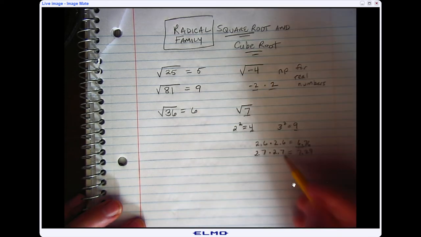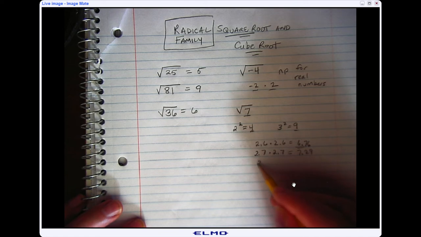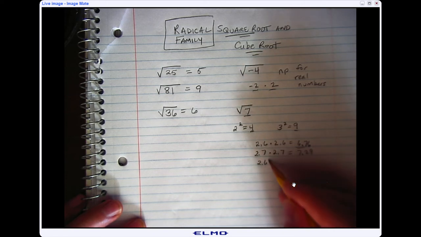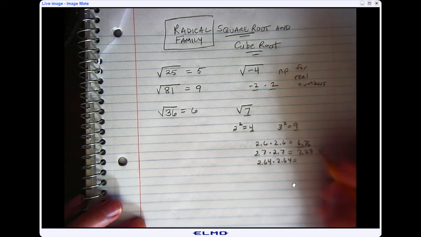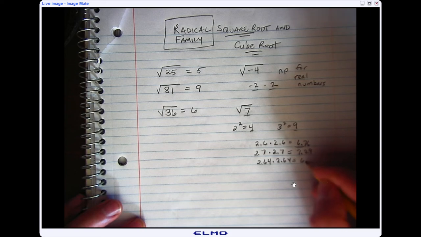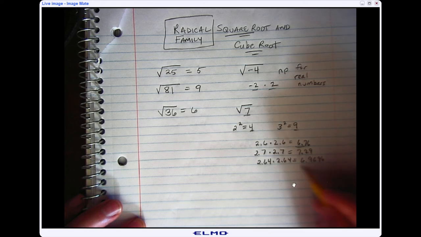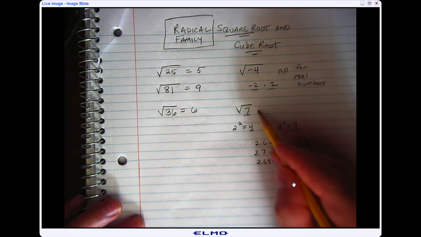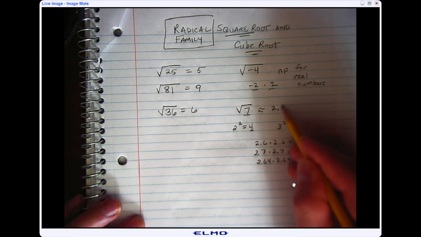I could then make a next guess somewhere between 2.6 and 2.7. I'm a little bit closer to 2.6, so I might try 2.64 times 2.64. If I do that, I'm going to get roughly 6.9696, which is really close to 7. So if I had to round this to the nearest tenth place, I would say this is about 2.6.